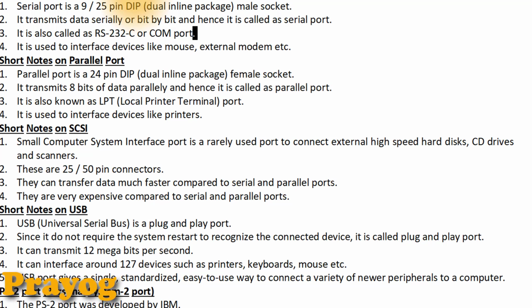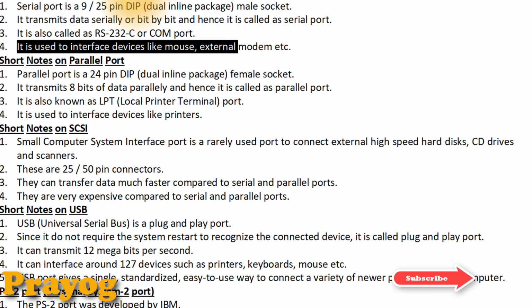It is also called as RS-232C or COM port. There can be multiple COM ports in a PC. It was used to interface devices such as mouse or external modems, etc. in earlier days. Nowadays, serial port is not much used.